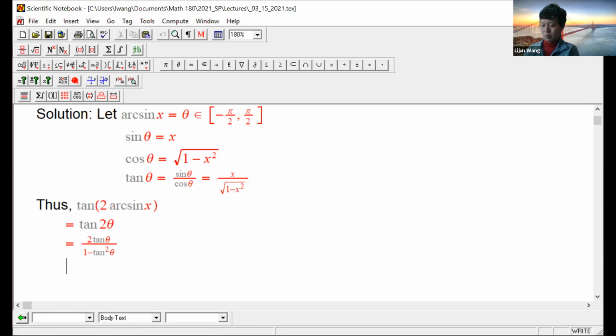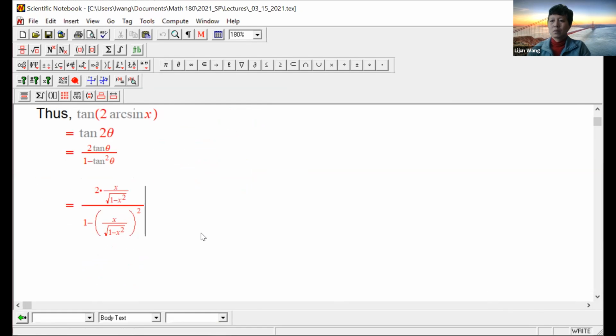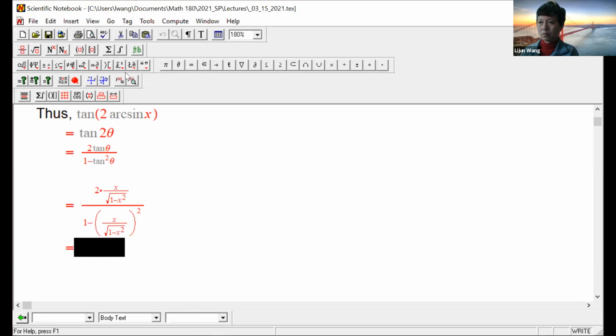Equals, now you plug in 2 times tangent theta over 1 minus tangent squared theta. Simplify.